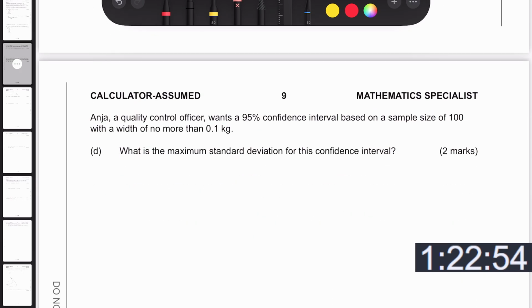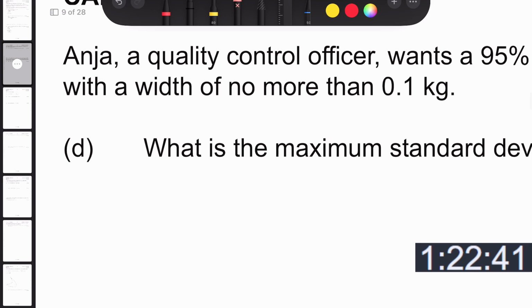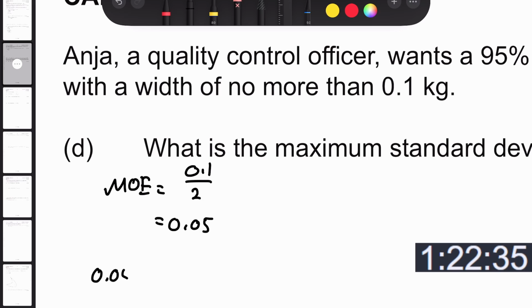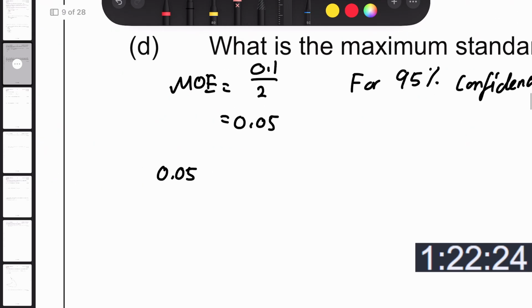Anja, a quality control officer, wants a 95% confidence interval based on a sample size of 100 with a width of no more than 0.1 kilograms. What is the maximum standard deviation for this confidence interval? So, margin of error is going to equal 0.1 over 2, so 0.05. And then for 95% confidence, we want that k is equal to 1.96.